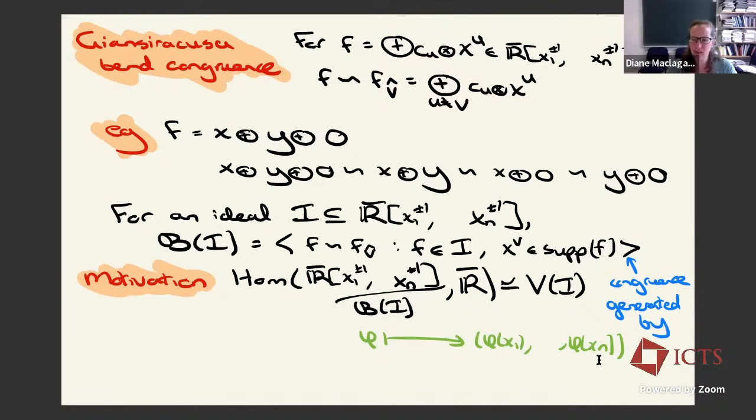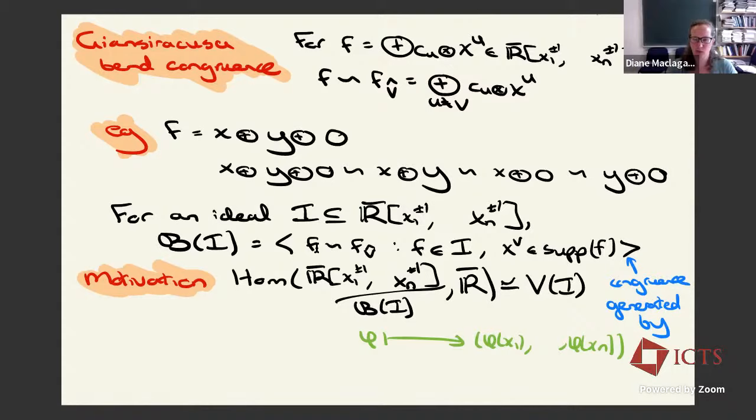Now let's think about what it means to be a homomorphism from the quotient by this congruence. It means that whenever f is congruent to f-hat, I had better have phi(f) equal to phi(f-hat). Now phi(f) is really just plugging phi(x1) up to phi(xn) into the polynomial f, and I get some element of R-bar. So the key point is that phi(f) is f evaluated at this vector.